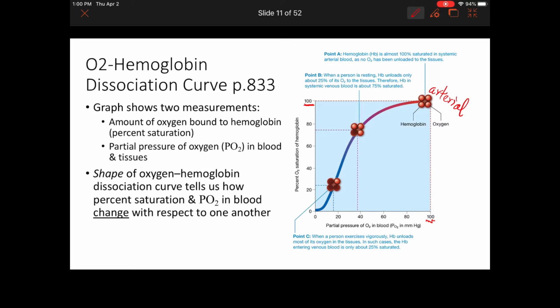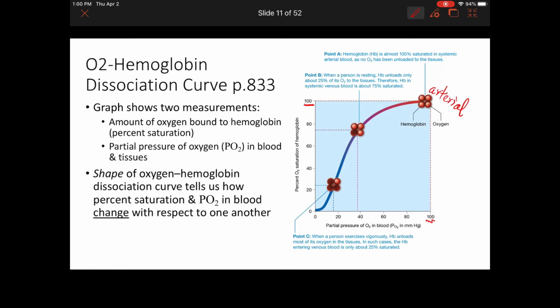All right, well, as we know, tissues need oxygen in order to generate ATP. So once the oxygens have been unloaded from the hemoglobin to the tissues, there will be less oxygen on hemoglobin.